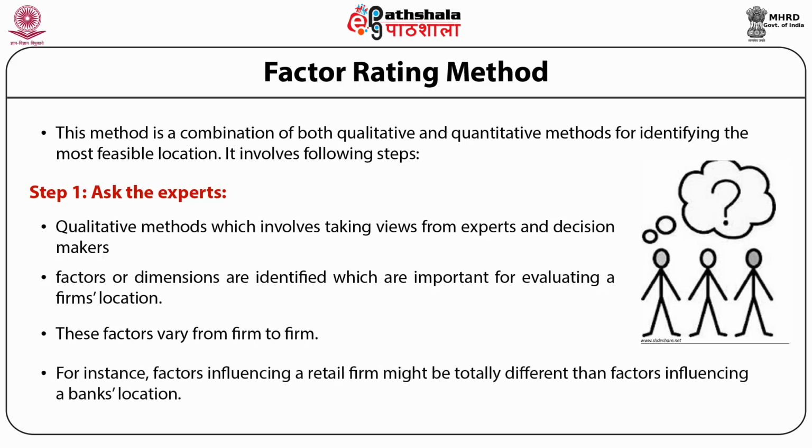For instance, factors influencing a retail firm might be totally different from factors influencing a bank's location. Thus, views and opinions regarding dimensions influencing a firm's location are taken from experts, making it the most important aspect of the factor rating method.